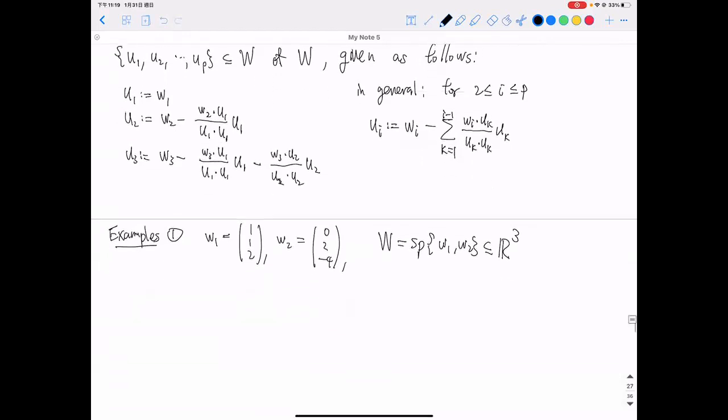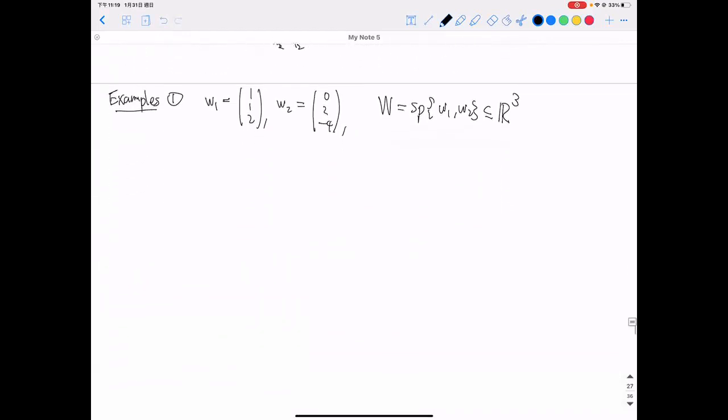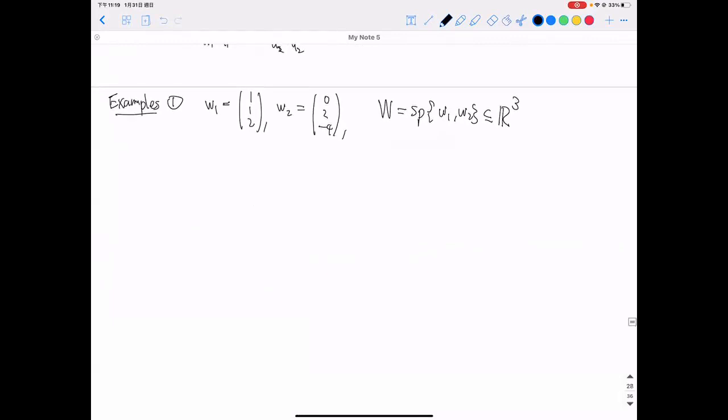And so first of all, we notice that W1 and W2 are linearly independent. And for this, you just check that AW1 plus BW2 equaling 0 has only the trivial solution for A and B.